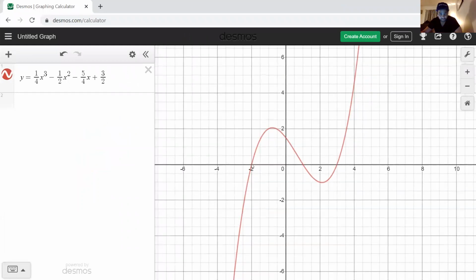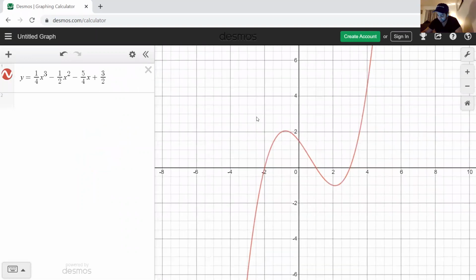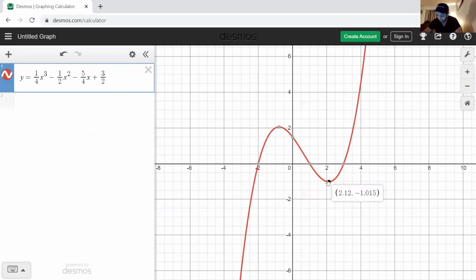So it's a window from -2 to 3. So the highest point is 2.052, and the lowest one is -1.015. So the difference between the maximum and the minimum should be about 3.06, right? It's 2.052 and -1.015.